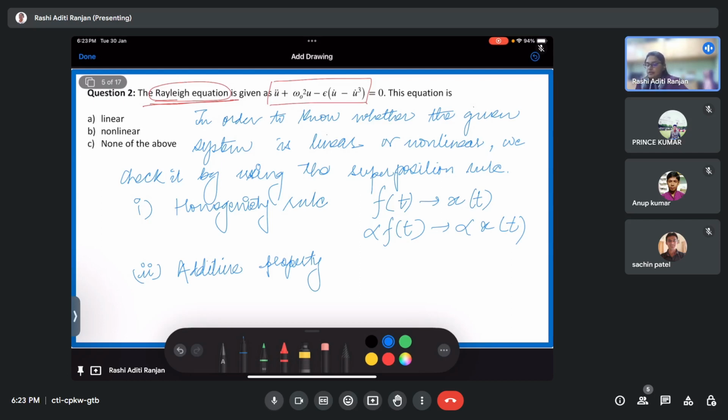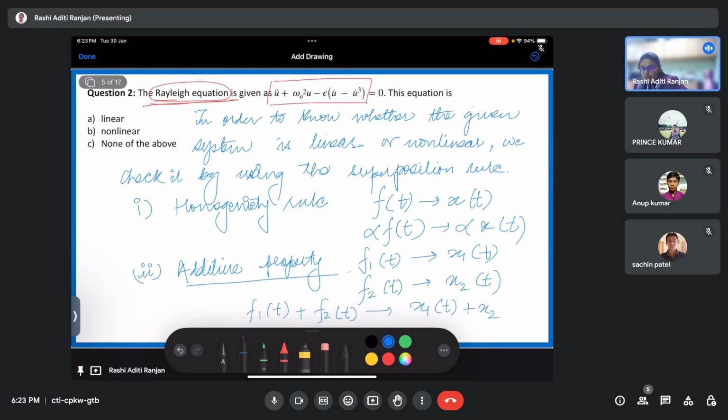Like I took the example of f of t. So let us say that if f1 of t gives x1 of t, and if f2 of t gives x2 of t, then the additive property says that f1 of t plus f2 of t should give us x1 of t plus x2 of t.